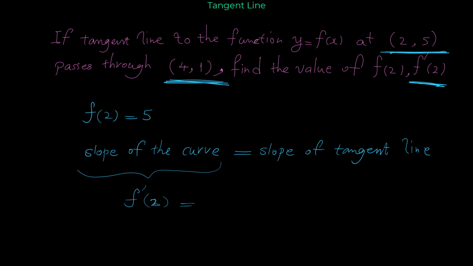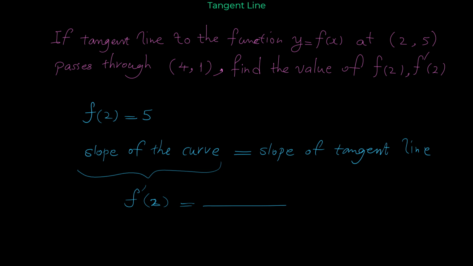And when we have 2 points of a line, you can find the slope of the line that passes through these 2 points by the idea of rise over run. So for finding the slope of the tangent line, we simply find rise over run: y2 minus y1 over x2 minus x1.